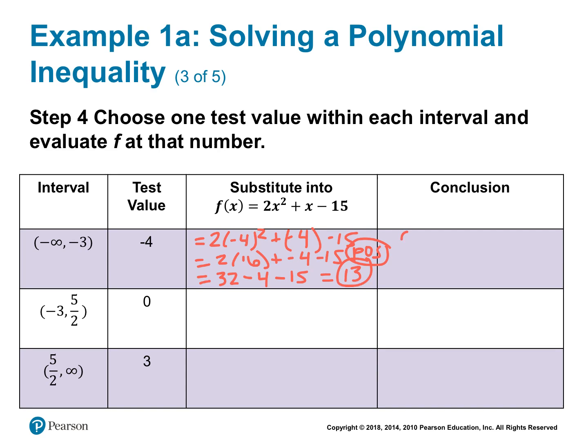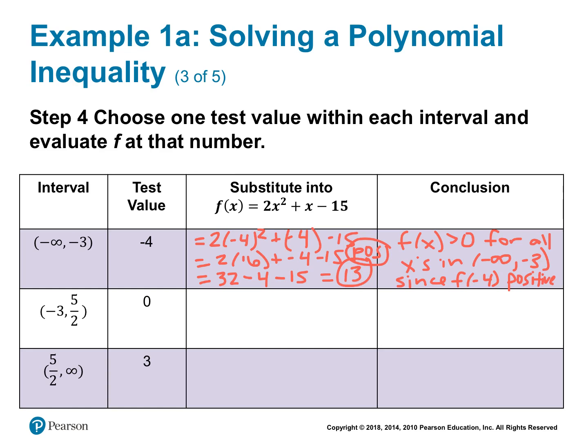So that means f of x is greater than 0 for all x in that interval -infinity to -3. And again, that's because f of -4 was positive. If it was negative, it'd be less than.